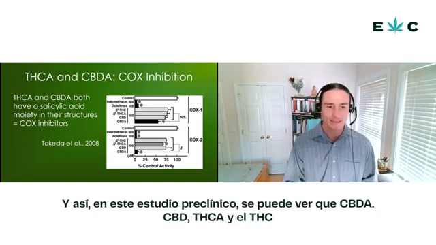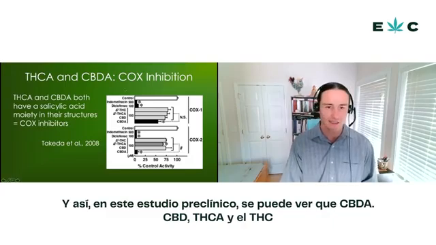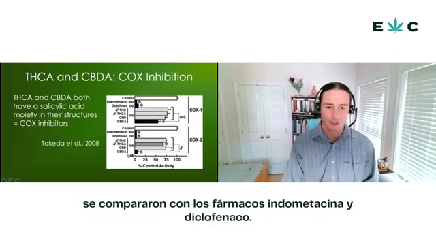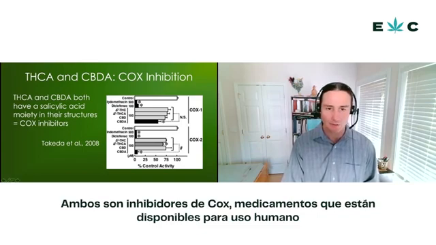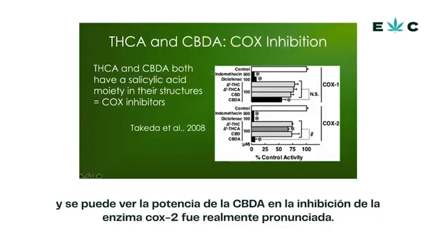And so in this preclinical study, you can see that CBDA, CBD, THCA, and THC were all compared to the drugs indomethacin and diclofenac. These are both COX inhibitor drugs that are available for human use. And you can see the potency of CBDA in inhibiting the COX-2 enzyme was really pronounced.